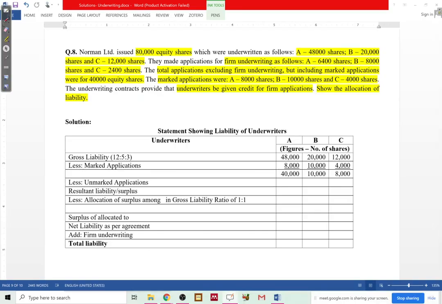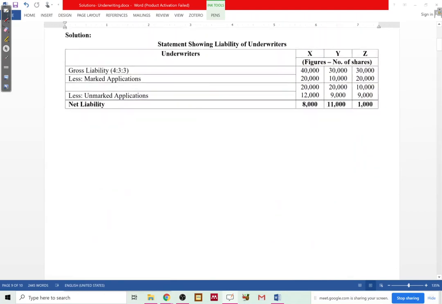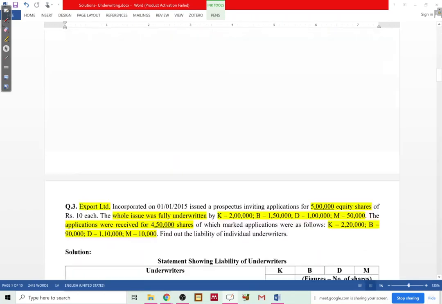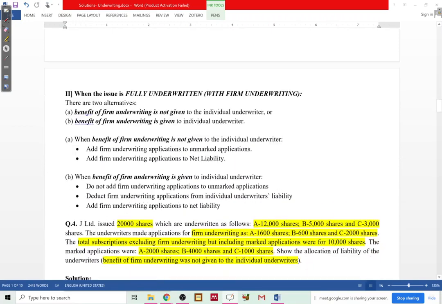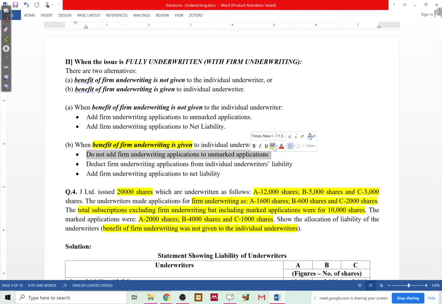I have given you the rules here when I taught firm underwriting to you. See, here, when benefit of firm underwriting is given, second scenario, two individual underwriters, do not add firm underwriting applications to unmarked applications. So this step don't do.